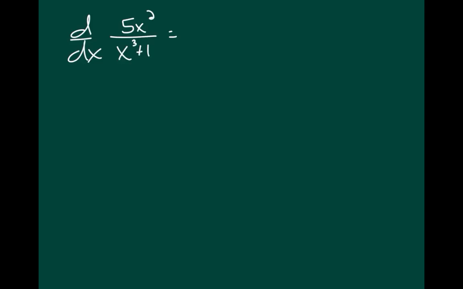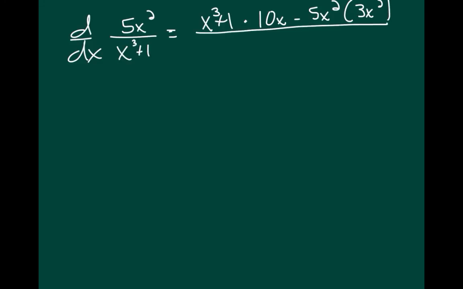Okay, well, using the quotient rule, because there's no way to break up that denominator, I will have to say low d high, which would be 10x, minus high d low, which would be 3x squared, all over the square of what's below.